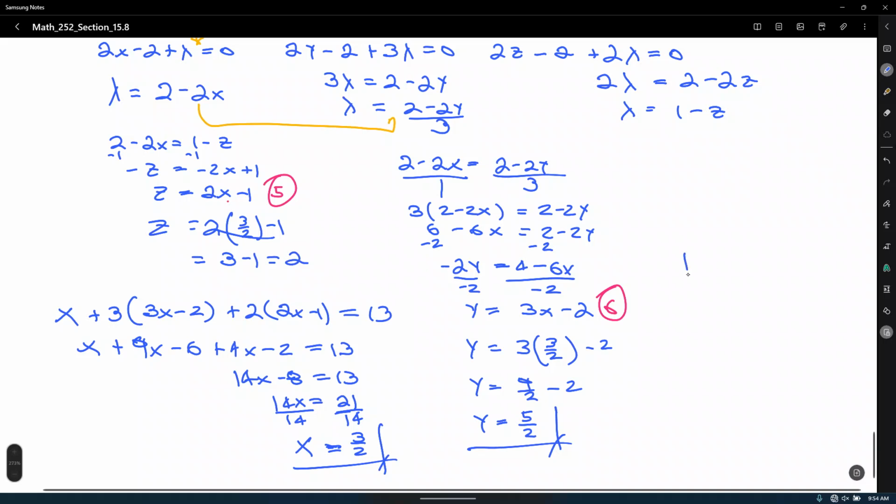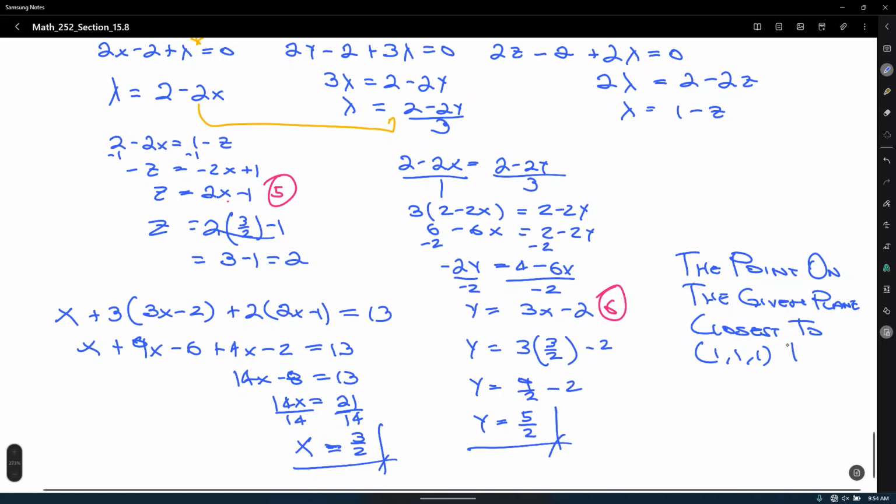So the point on the given plane closest to 1, 1, 1 is the point 3/2, 5/2, 2.